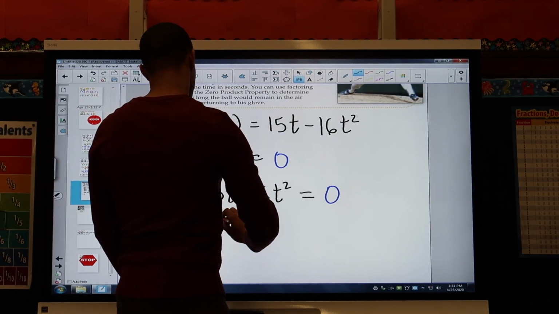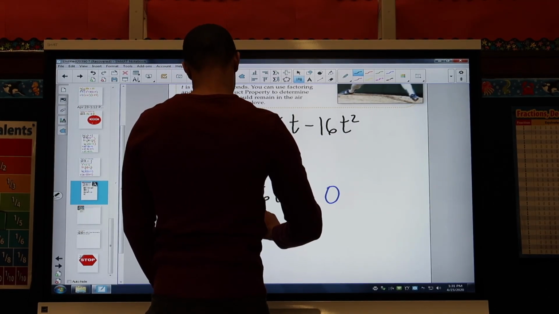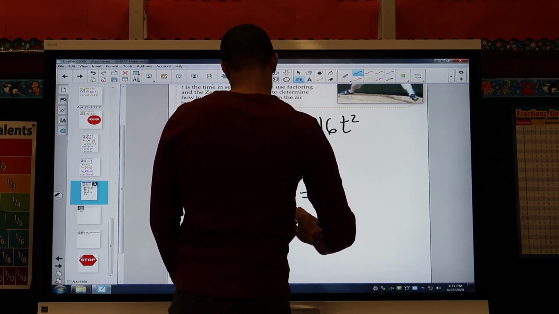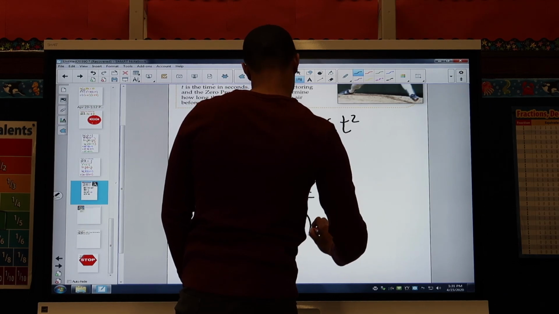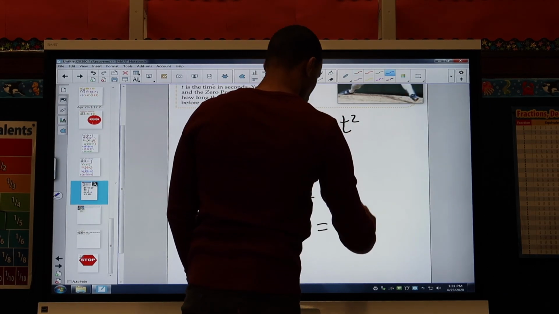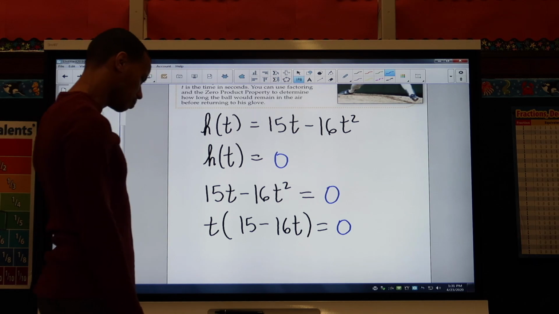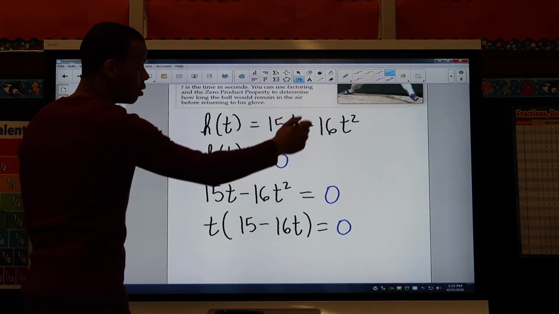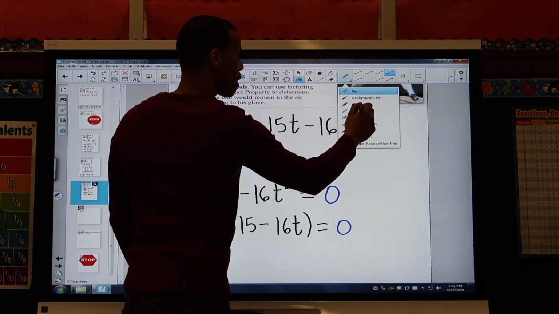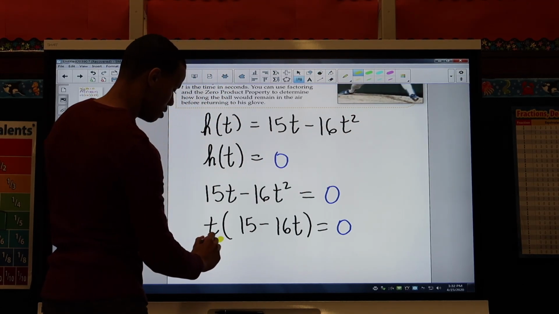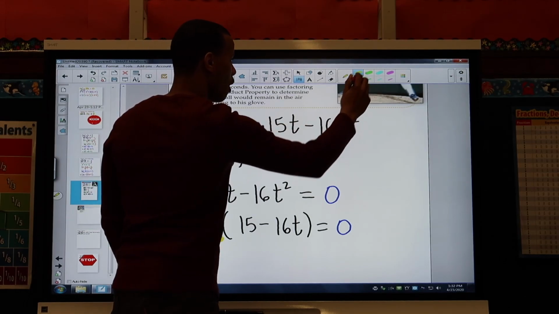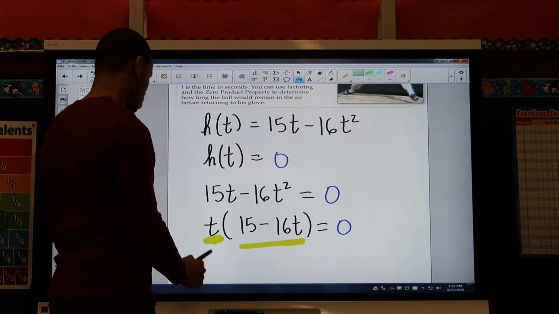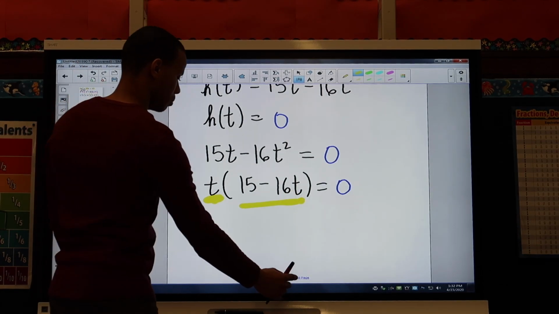So this will be t times 15 minus 16t. And then this will be equal to 0. So now, we know that this is going to be equal to 0 when t is equal to 0, or 15 minus 16t is equal to 0. So let's go ahead and set those up.